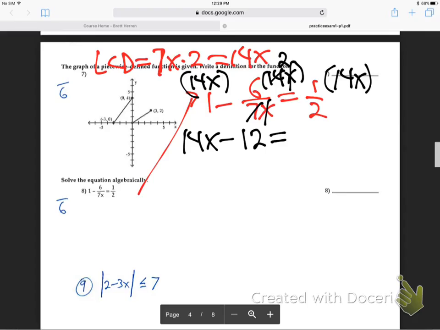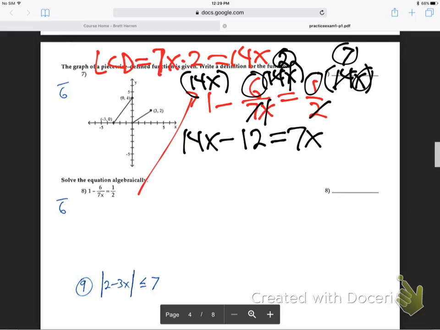You cross-cancel and multiply whatever's left over. Over here, 2 goes into 14 7 times. Multiply the leftovers. 1 times 7 times x, 7x. What does LCD stand for again? Least common denominator.